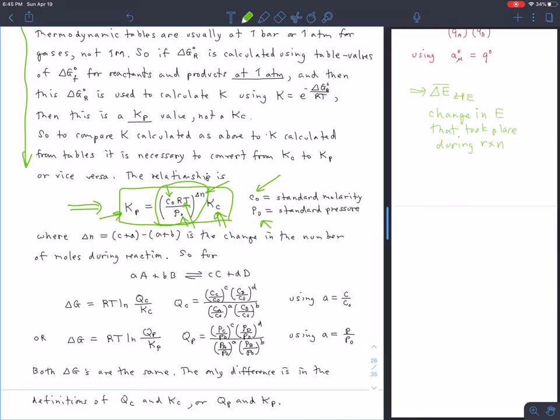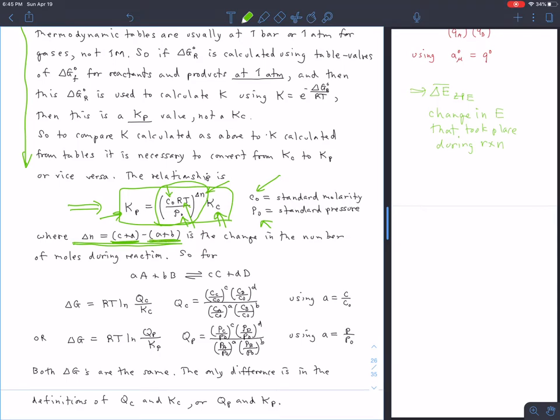So for our water reaction up above, the change in the number of moles was -1, right? We lost a mole in going from reactants to products. In that case, delta N would be -1. In general, for our generic reaction, A plus BB goes to CC plus DD, the delta N is the number of moles on the product side minus the number of moles on the reactant side.